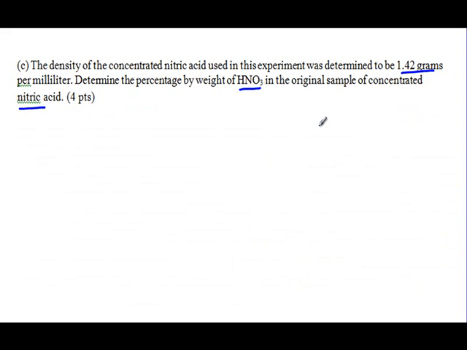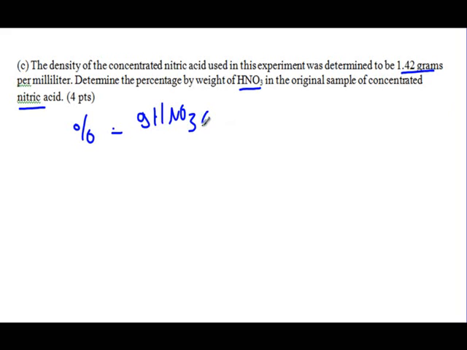Okay, so in order to find the percent by weight, I'm going to have to get the grams of HNO3 that is present over the grams of basically HNO3 concentrated, right? Or the aqueous.